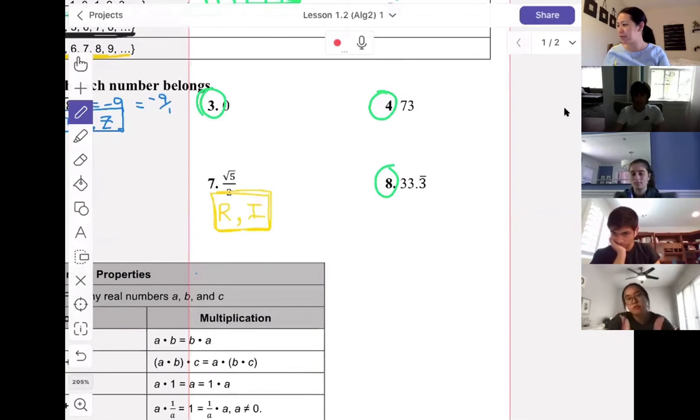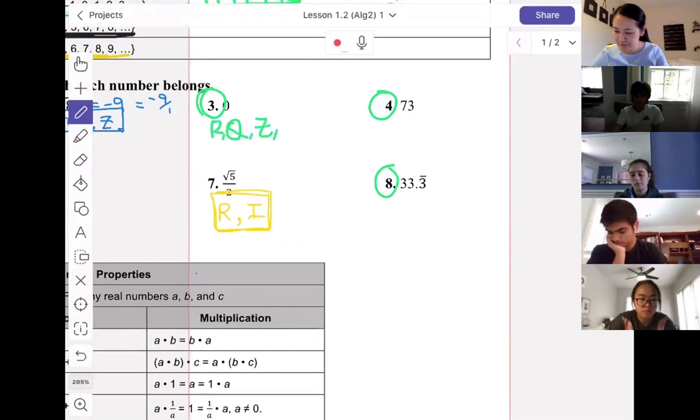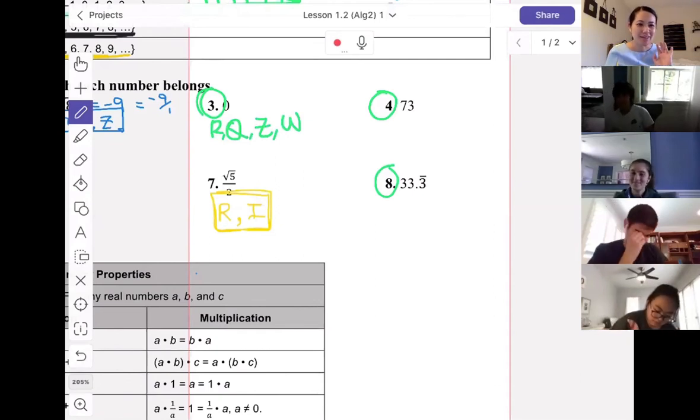Let's go to Heidi. For number 3, I got a real number, a rational number, an integer, and a whole number. Perfect. Good job. So it's all of those except natural.